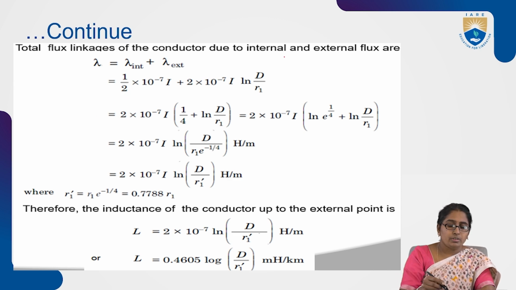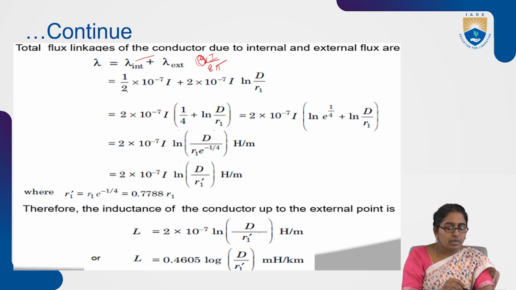I hope you remember, internal flux is given by mu naught I by 8 pi. If you substitute for mu naught, mu naught by 8 pi becomes 1 by 2 into 10 power minus 7 into I, and then psi external is 2 into 10 power minus 7 I into log of D by r. Here r or r1, both are the same.